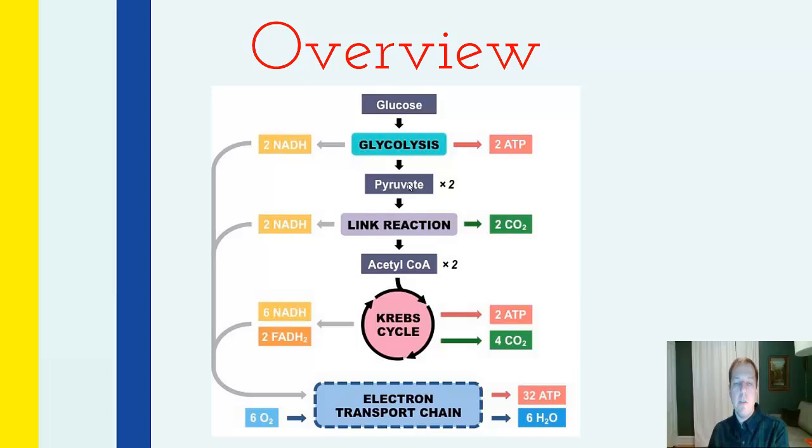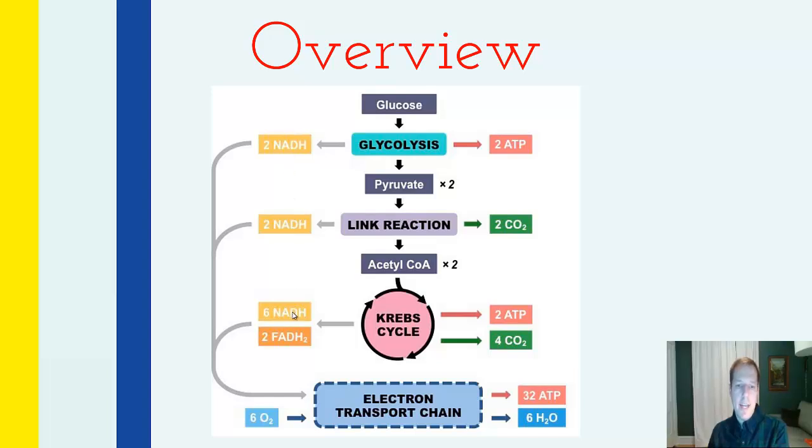In the link reaction, the pyruvate is going to be decarboxylated, meaning that carbon is going to be removed, producing carbon dioxide, which is one of the byproducts of respiration. And then it's going to enter into a cycle called the Krebs cycle, in which, again, more carbon dioxide is going to be produced and released, and some ATP is going to be produced.